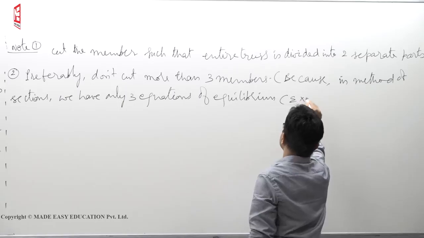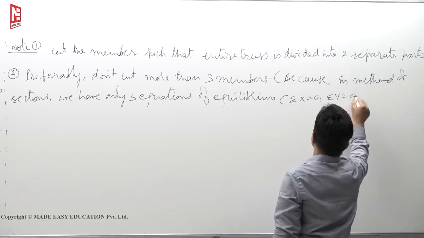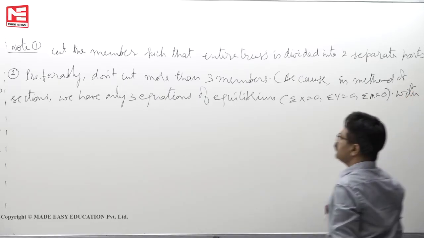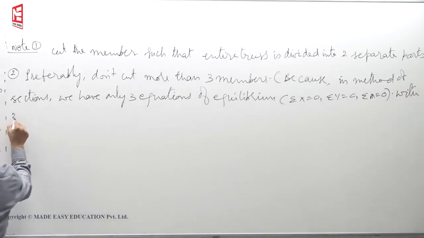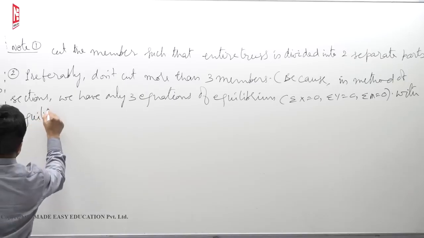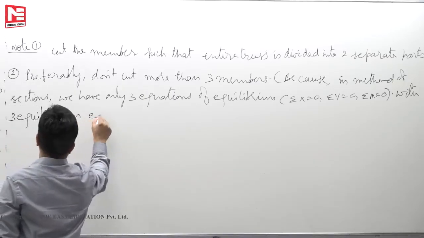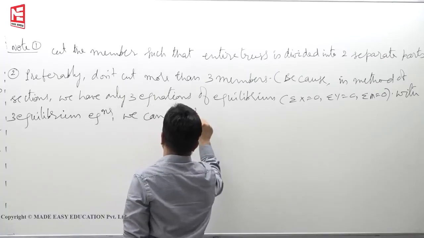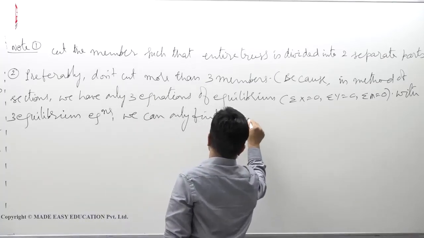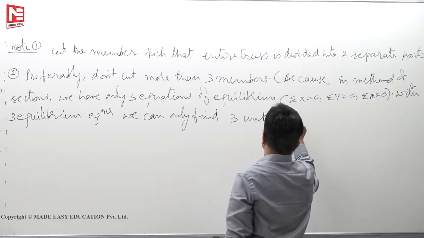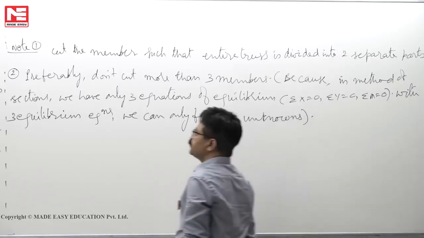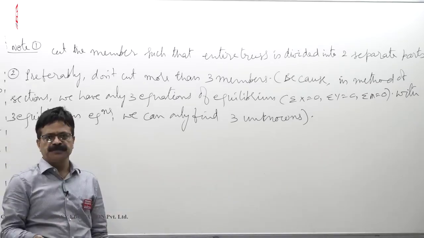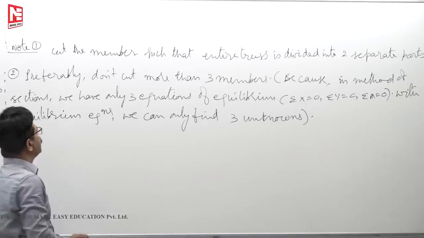What are they? Sigma x0, sigma y0, sigma m0. So with 3 equilibrium equations, we can only find 3 unknowns. That's why we should cut only 3 members. As far as possible, don't cut more than 3. Exceptions we will see later.